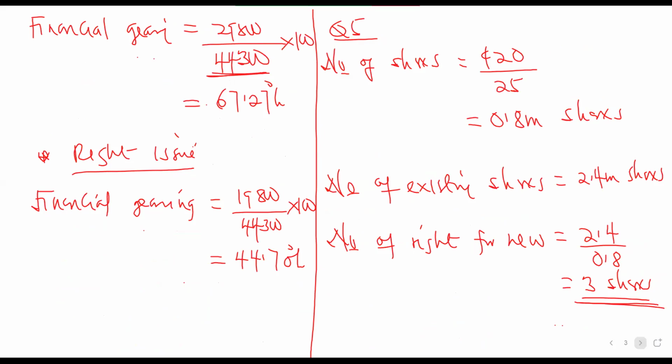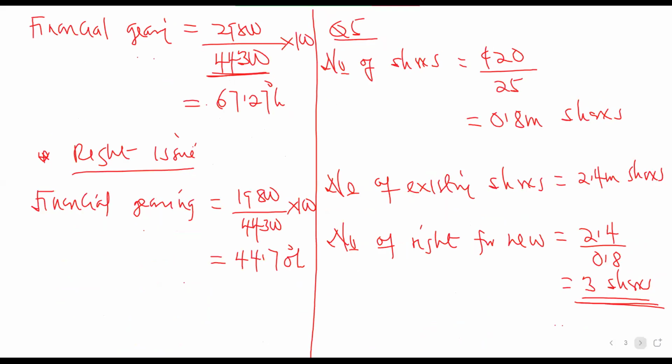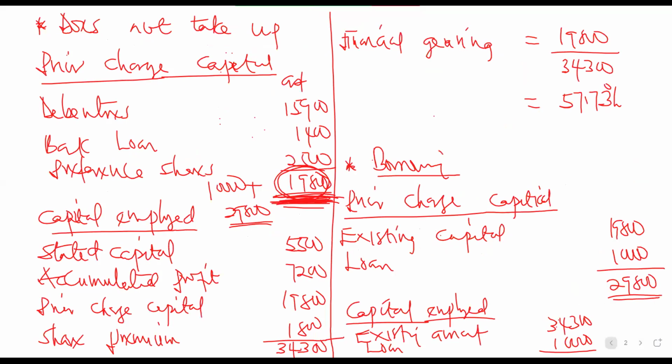That is the second part. They are saying that it should not be a bonus issue, it should be a rights issue. If it is a rights issue, our current debt will not be increasing, but our equity will be. So our existing capital employed without the rights issue is 34,300.